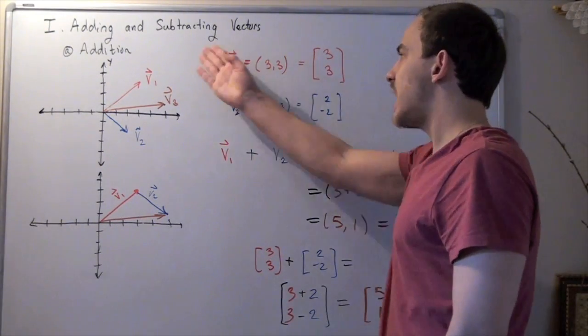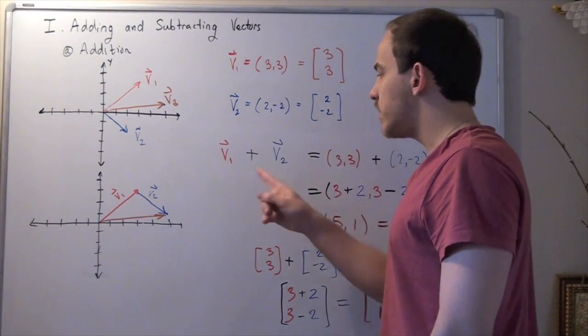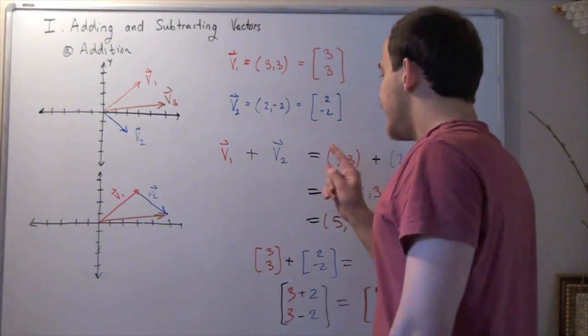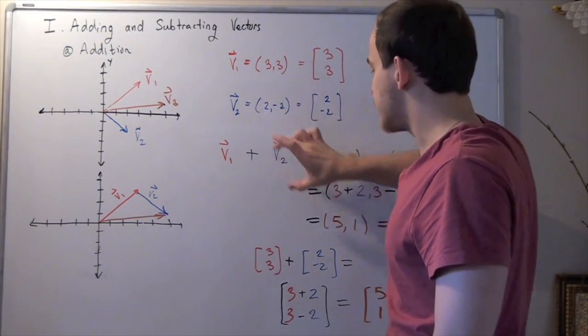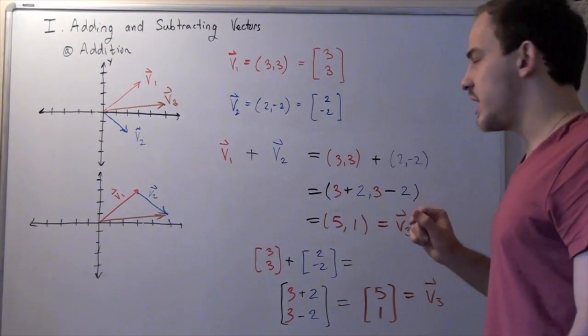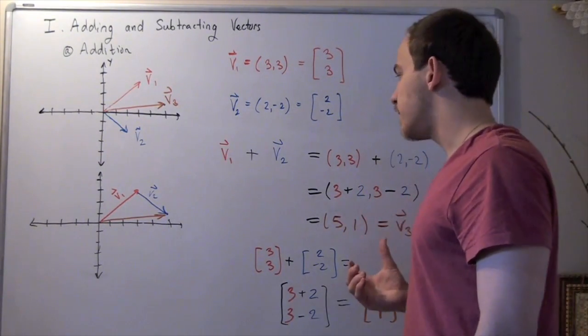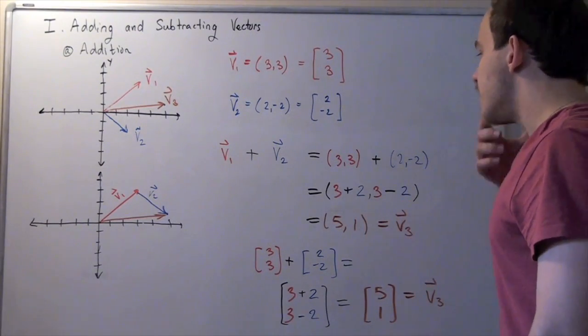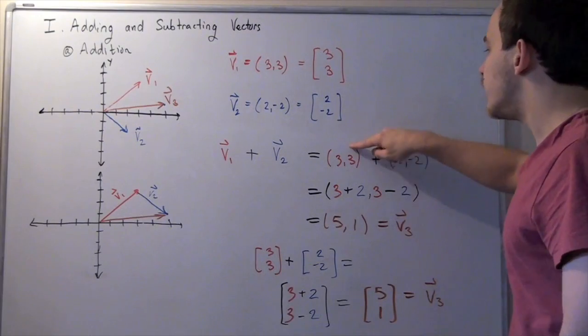Now, suppose I want to add these up algebraically. Vector v1 plus vector v2 equals, I simply take my two coordinates and replace them, and I get (3, 3) plus (2, -2). My next step is to first add up my x-coordinates and then add up my y-coordinates.